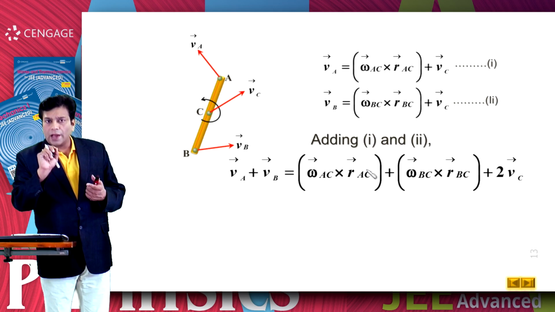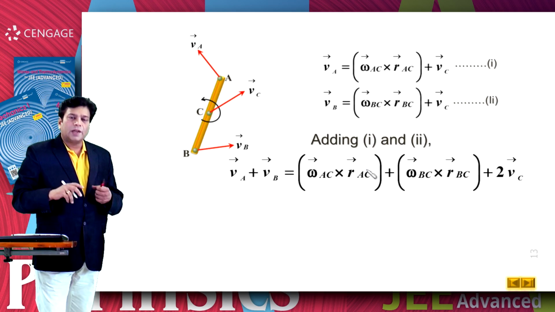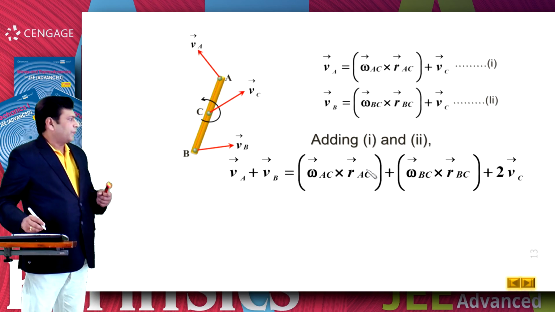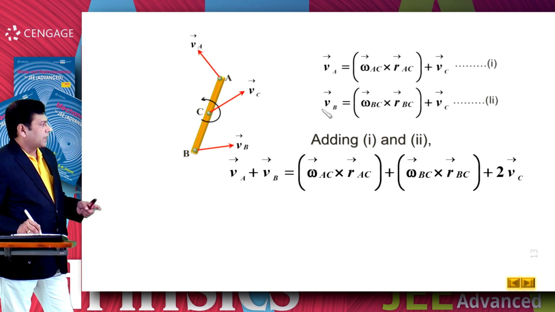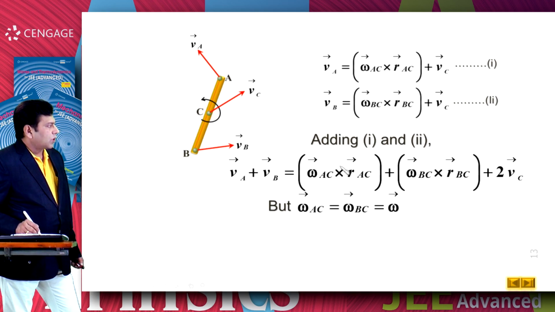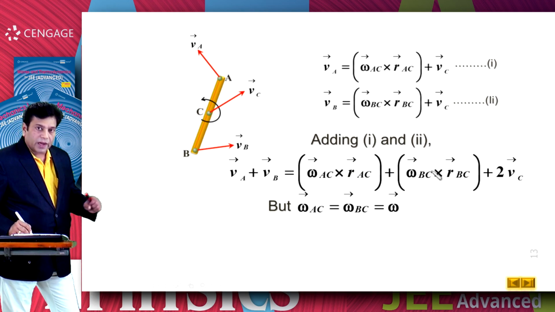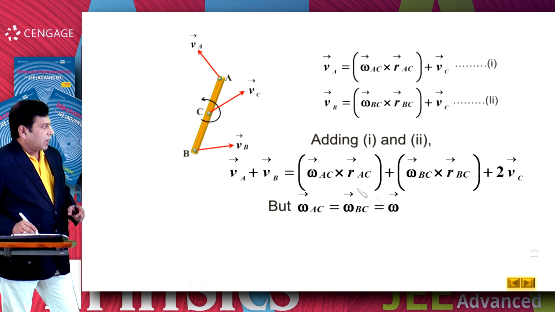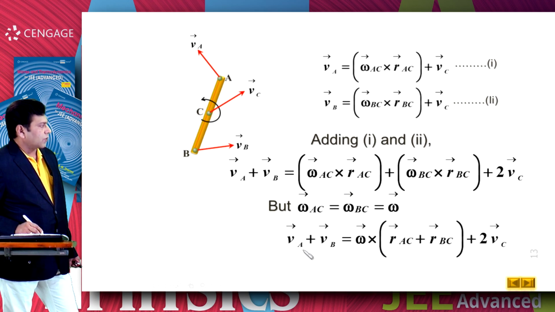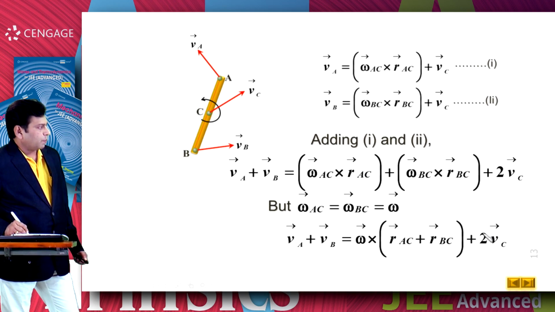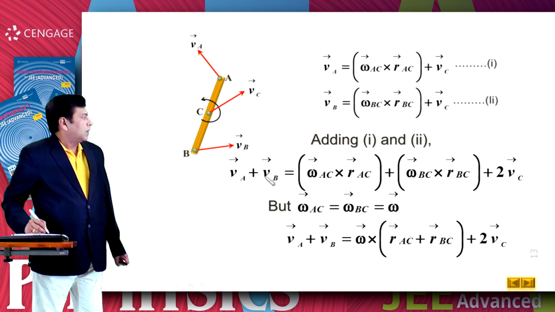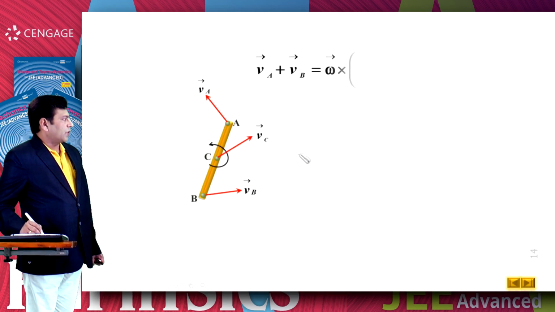That means omega AC equal to omega BC, and let this quantity be omega. So we can write omega AC equal to omega BC, that is finally equal to the vector omega. We can substitute omega for omega AC and omega BC, and take omega as common. So this expression finally is VA plus VB equal to omega cross product (RAC plus RBC) plus 2 VC. Correct? Now, let us write this equation again.